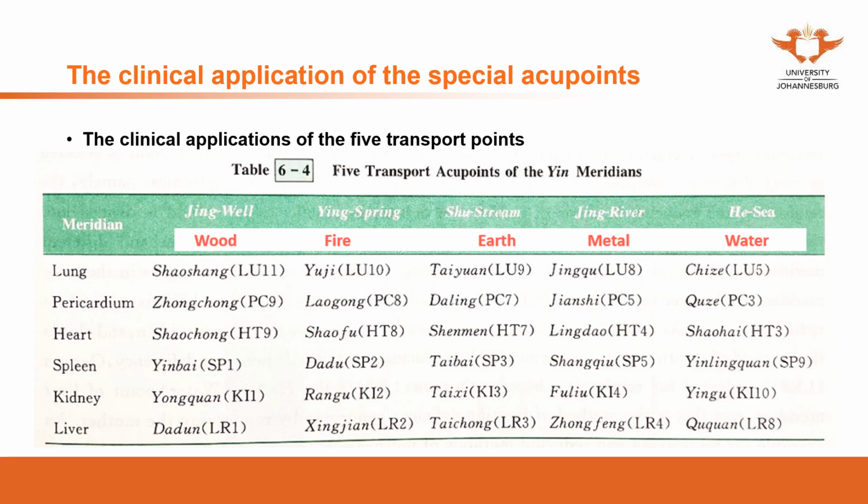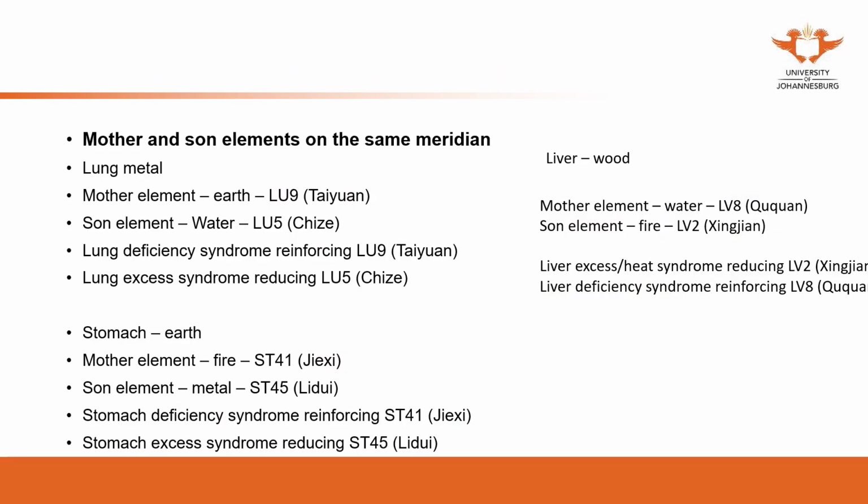We're going to go through the table. Now we're going to use some examples to explain what is meant by the same meridian. When we talk about the same meridian, we talk about the mother element and son element, the mother points and the son points. For example, a patient suffers from a lung problem. The lung is metal in the five elements.